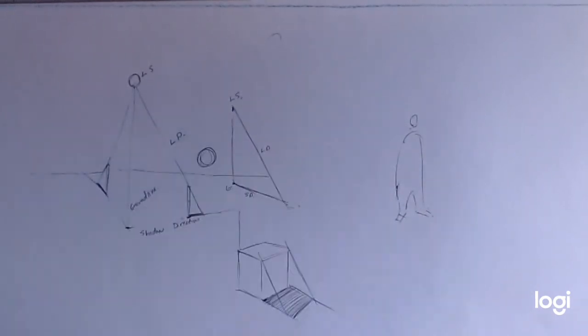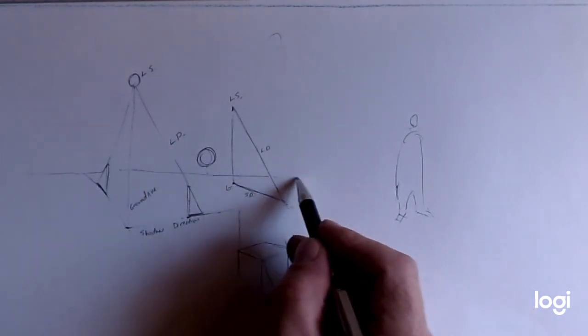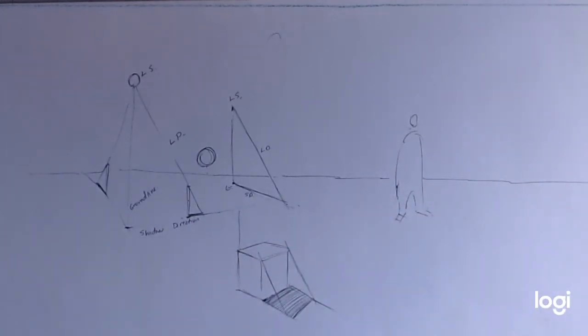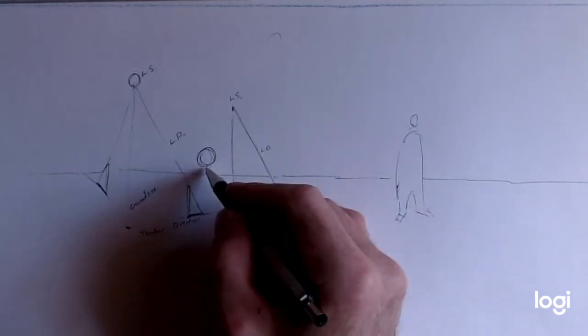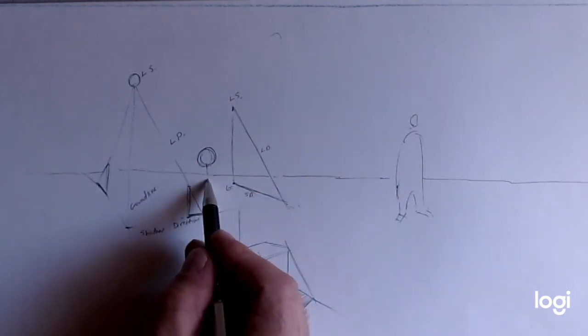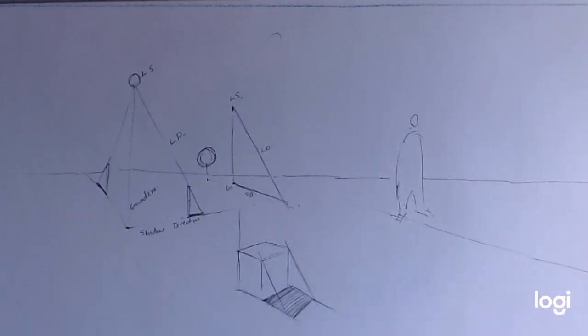So my light source is there. It's really low. I use this as my horizon line. So the light source is really low on the horizon line. And so its connection with the ground, I can say, is right there. I'm going to connect the ground with him. And it goes this way.